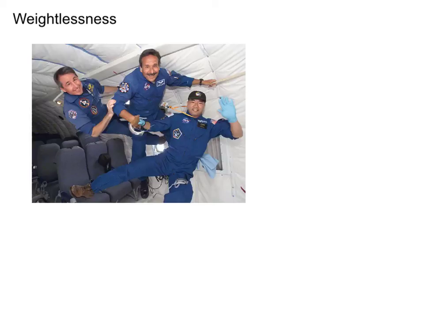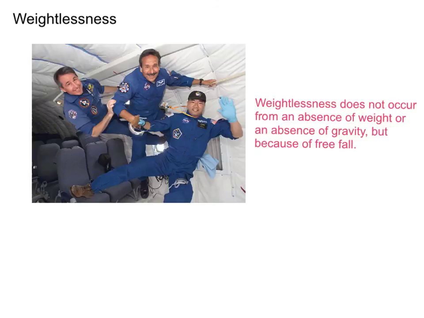So weightlessness in space is no different than the weightlessness of a free-falling elevator. So weightlessness does not occur from an absence of weight or an absence of gravity. Instead, an astronaut, a spacecraft, and everything in it are weightless because they're all falling together. It's really that their apparent weight is zero.